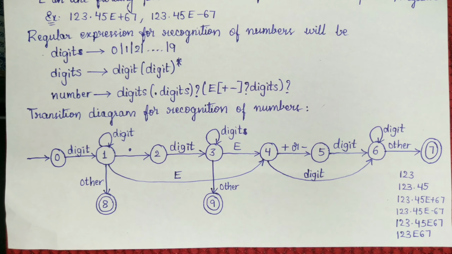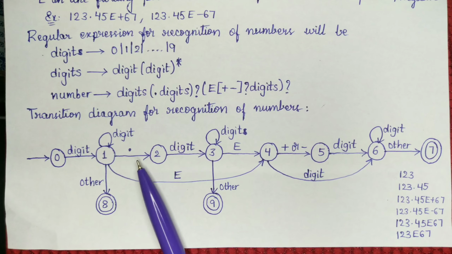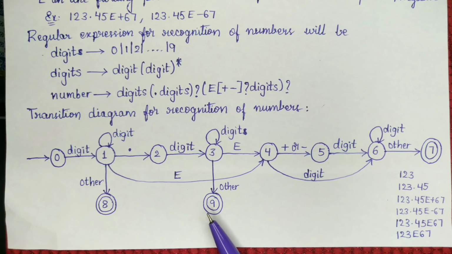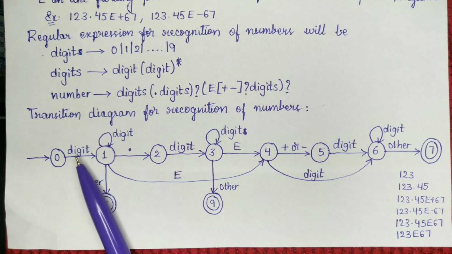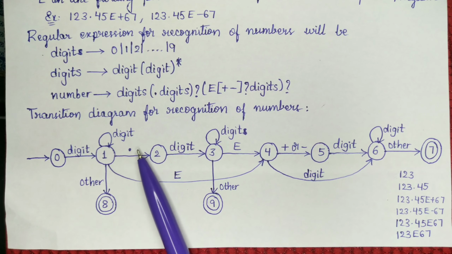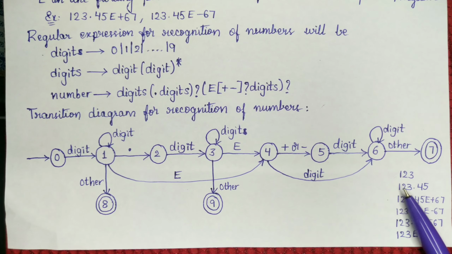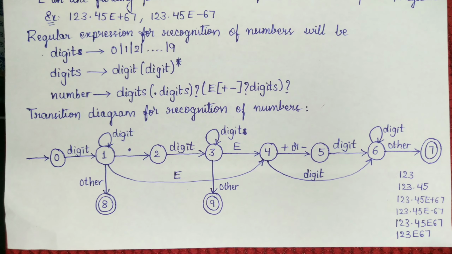And if we want only digits after the dot, then we can add state 9 at state 3 as the final state by applying other than digit. Then take the example 123.45 and the final state is completed. So this is also satisfied. And the remaining are 123.45E67 and 123E67.